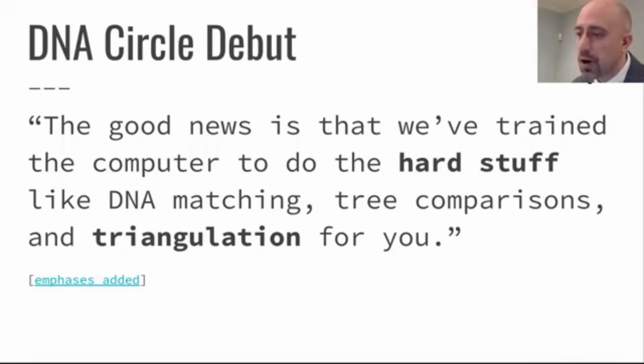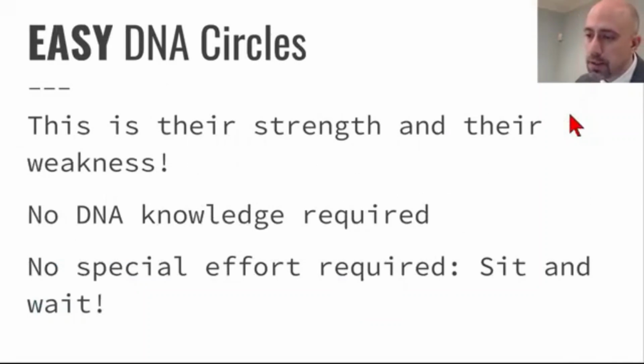We still have to do hard work, not only with our paper trail research, but also with our genetic genealogy. We have to look very closely at our DNA matches. We can't simply rely upon glossy features like DNA circles to do the hard work. It's really up to us to continue to do hard work in genealogy. So let's not lose sight of that.